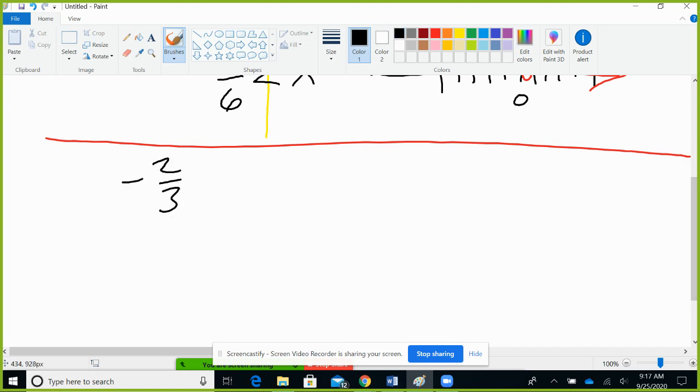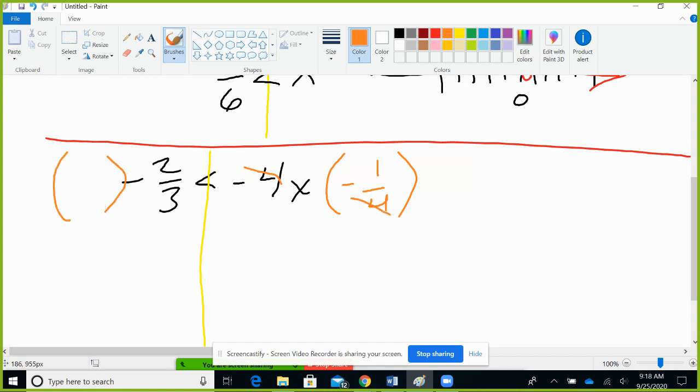Negative 2/3 is less than negative 4x. So what you can do is you can multiply this side by negative 1/4. If I multiply it by negative 1/4, these negative 4's cancel out. Now I also have to multiply this side by negative 1/4.